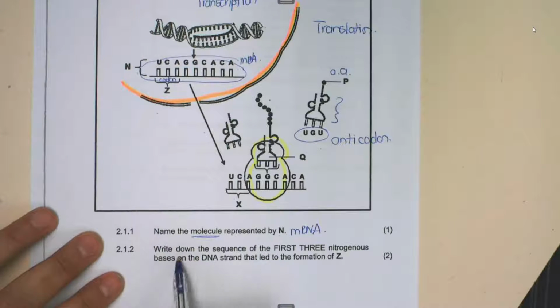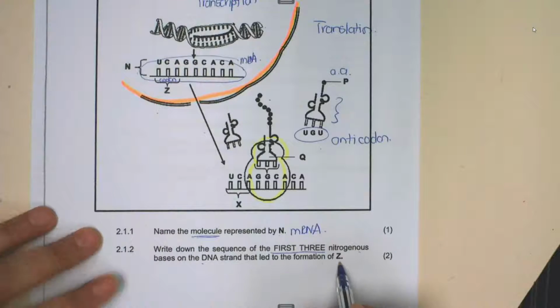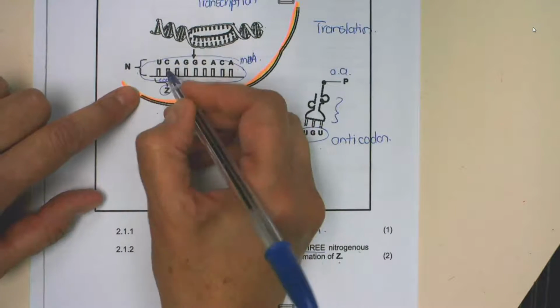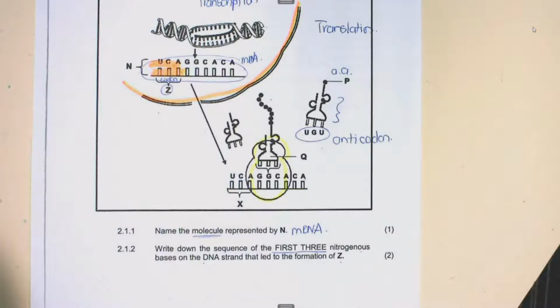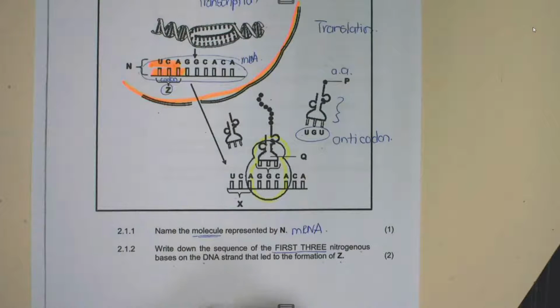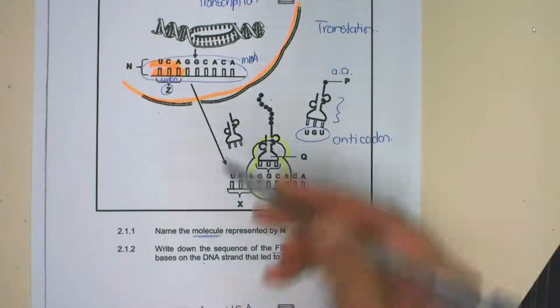2.1.2, write down the sequence of the first three nitrogenous bases on the DNA strand, led by the formation of Z. Now there is Z, so this is what they give me. That one is the mRNA, messenger RNA, and that is UCA. It is given to me.